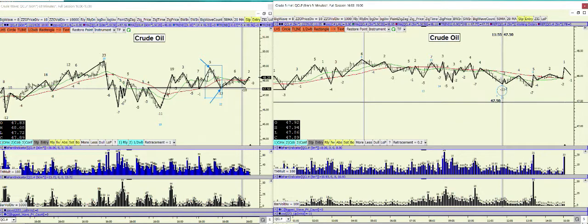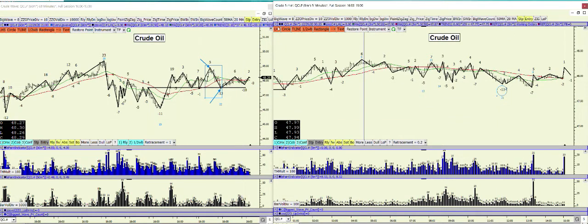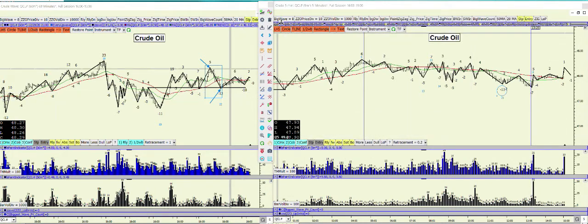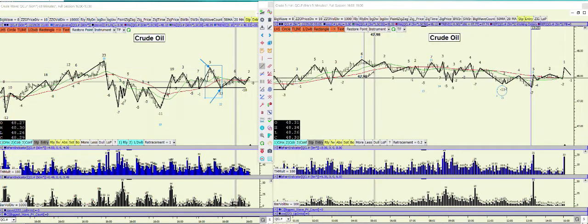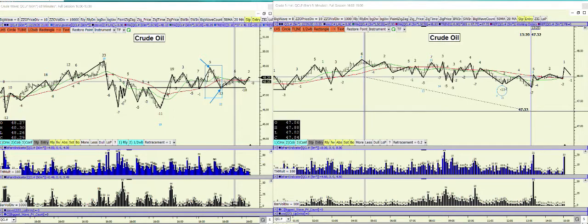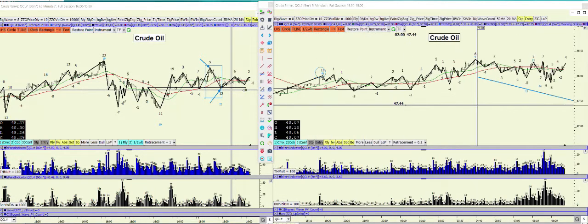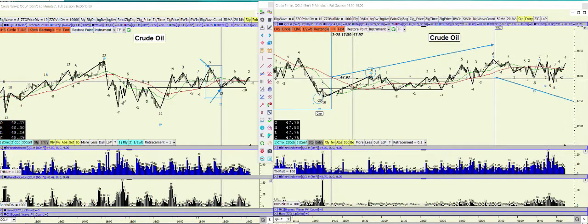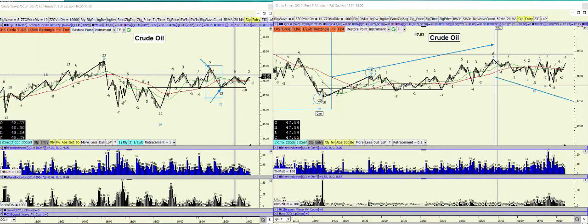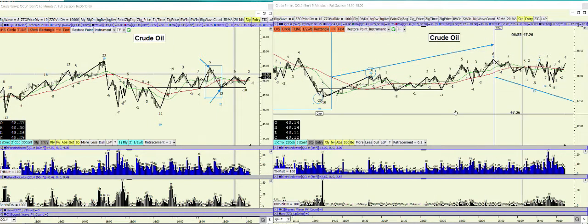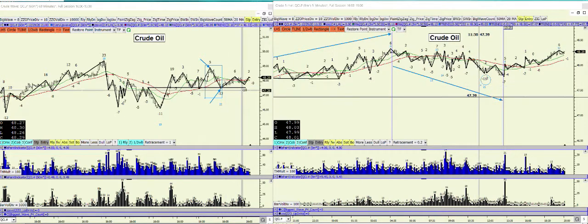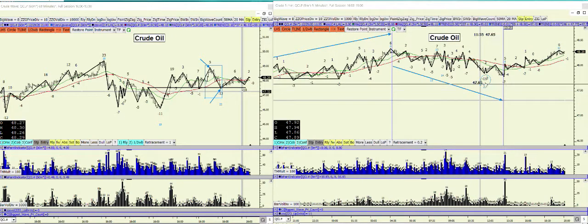Anyway, so I'm done with this, just mark this. So that's the rally, and that's the downtrend, the uptrend and downtrend on an intraday basis, right?